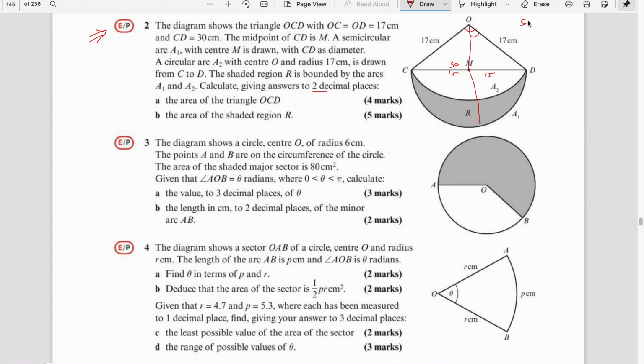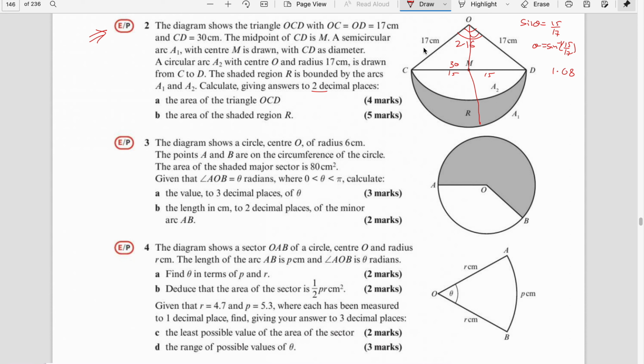So I'm using sine theta is equal to perpendicular over hypotenuse, and theta is equal to sine inverse of 15 by 17. So shift sine 15 by 17, I got 1.08, and 1.08 times 2 is 2.16. This complete angle is 2.16.